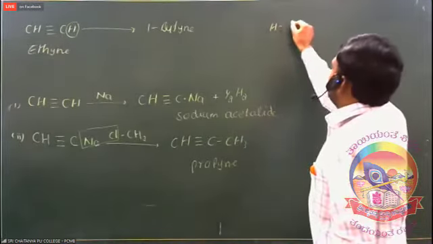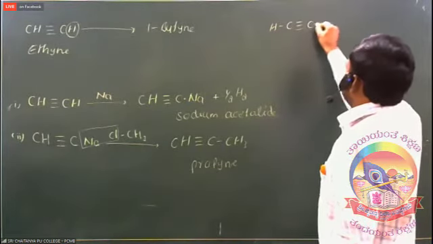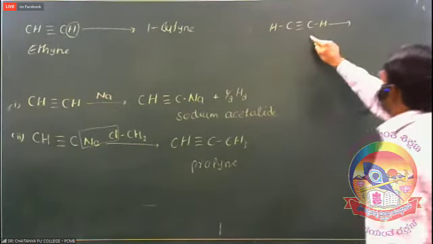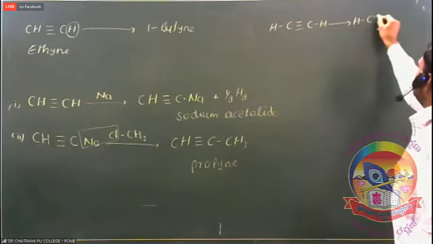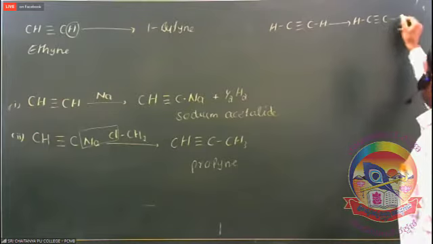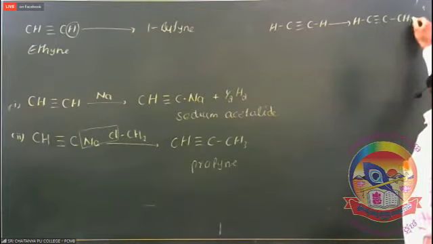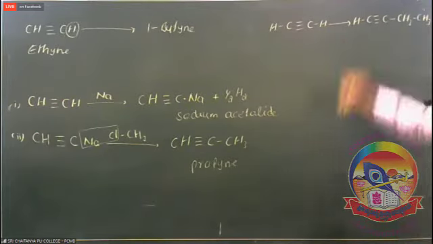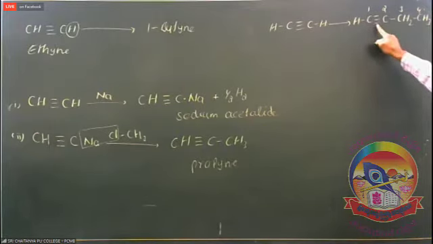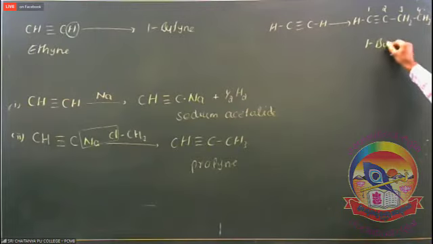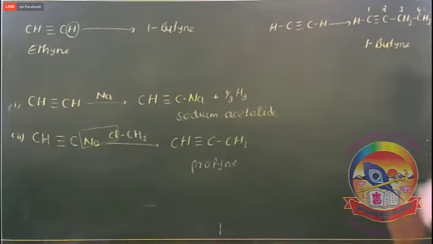Acetylene, HC triple bond CH, is acetylene. 1-butyne is HC triple bond C, CH2, CH3. First carbon, second carbon, third carbon, fourth carbon. The triple bond is present at the first position, hence it is called 1-butyne. It is the structure of 1-butyne.